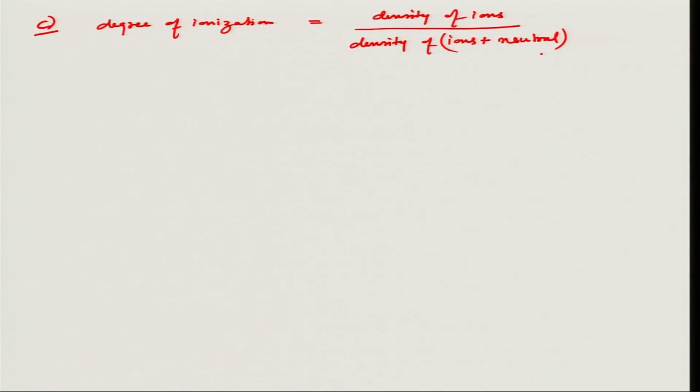So, we need to calculate these two values. Now, we know that the temperature or kBT of ions and neutrals is given as 0.03 electron volt.